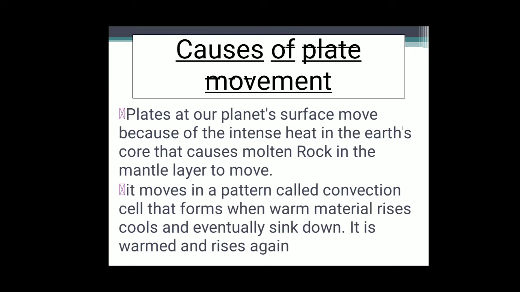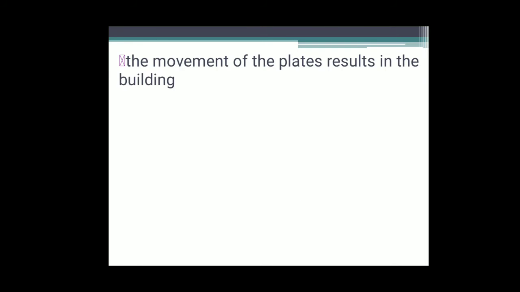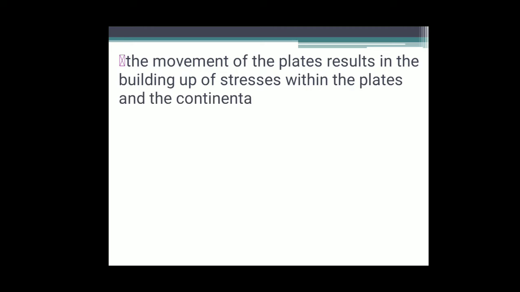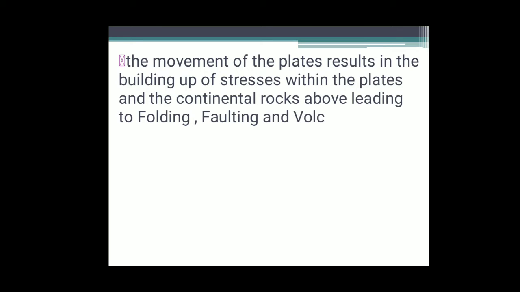It is warmed and rises again. The movement of the plates results in the building up of stresses within the plates and the continental rocks above, leading to folding, faulting, and volcanic activity.